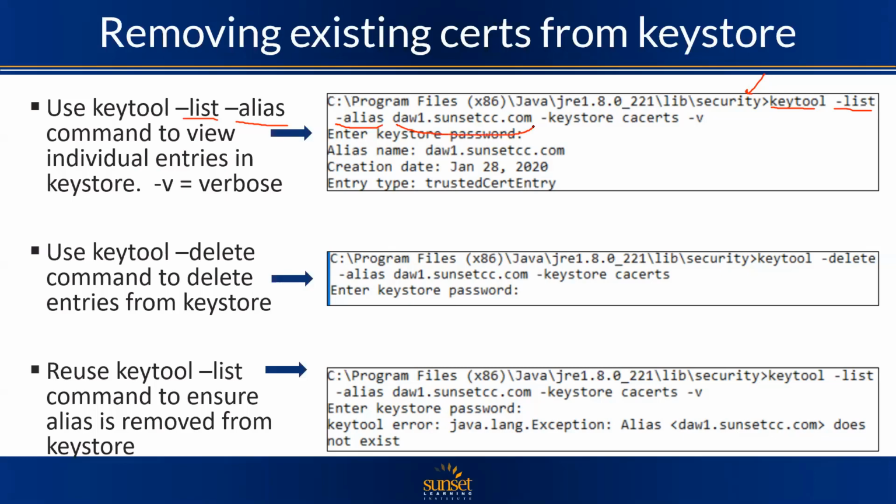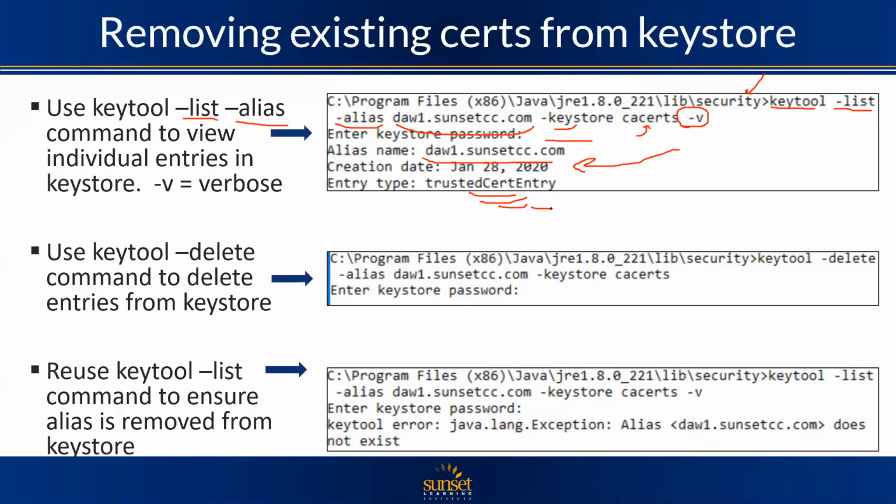In this case, that's my primary DAW, really with its fully qualified domain name effectively. And I'm saying what keystore I'm trying to look in, the CA certs keystore. I've also just added a -v here to say I want to look at things in a verbose fashion. And after I type in my keystore password, changeit, it of course lists my entry and says, oh yeah, here you've got an alias entry, and it shows me a bunch of certificate information, X509 stuff along the way down below that I've truncated there.